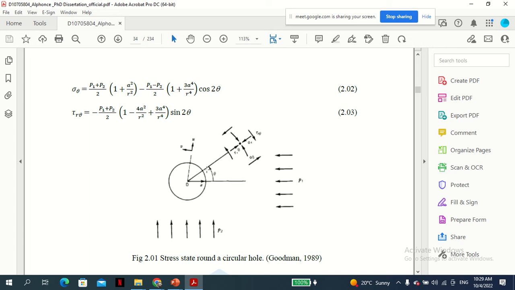So when we have a hole here, the radius is RA, and if you want to find any stress from any distance from the center, we call it R. You can see sigma theta is tangential to the circle, and sigma r and tau r. And then this is called P1 and P2.